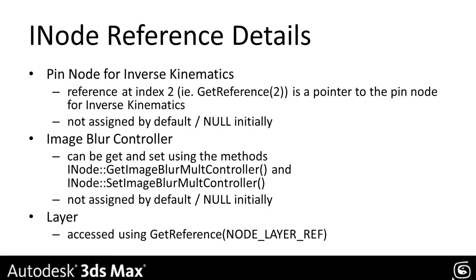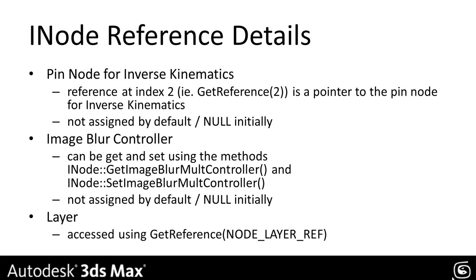The next few miscellaneous ones here, the pin node for inverse kinematics. This one is using the raw GetReference API on the node. So you would say GetReference at position 2, and this is always going to be the pointer to the pin node for inverse kinematics. And again, this is going to be null initially. The next one is the image blur controller.